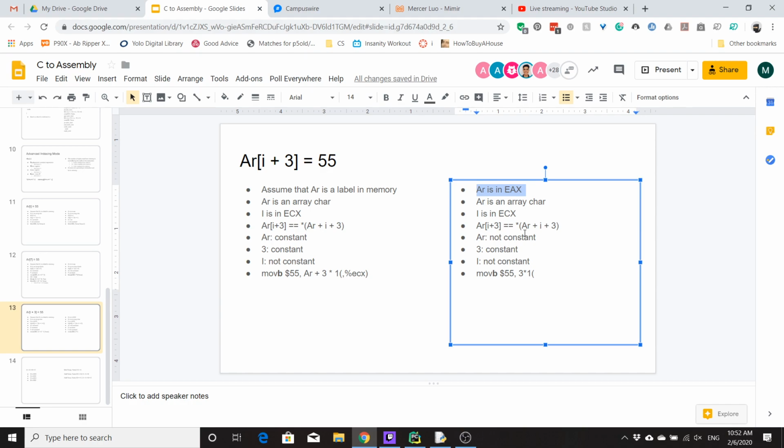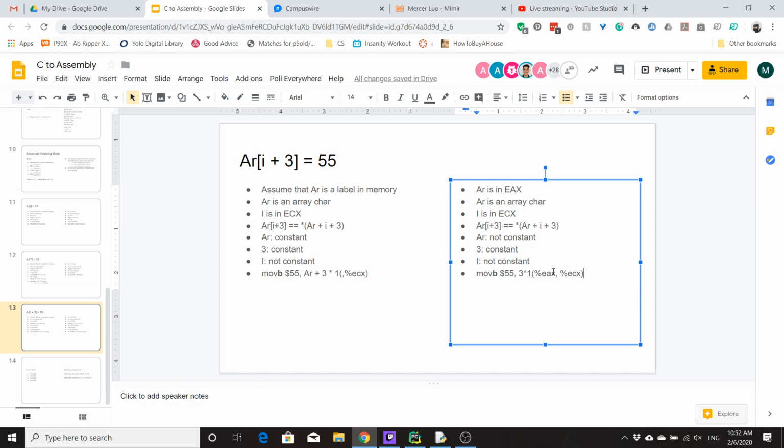But if our scale was not 1, what would we want to pick to put into the offset field? EAX, right? Where you want to start at. So %EAX. %ECX is the only other register field that we have. And then again, we can either put the 1 there or not. It doesn't matter.